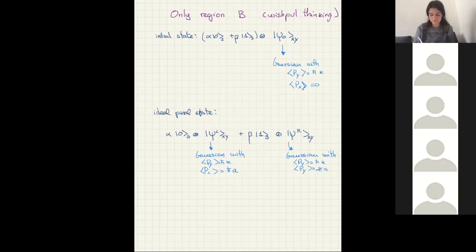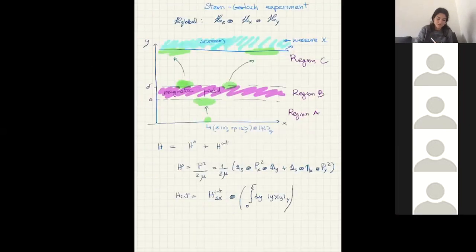Because it could be that this one will end up moving to the left and this one to the right, but we'll see about this. What matters is that we want them to end up with opposite momenta, so that later, even if here we don't distinguish them, even if we make this region really, really small, and we just have the two wave functions that in the position basis still look the same, we know that they will evolve after under free evolution.